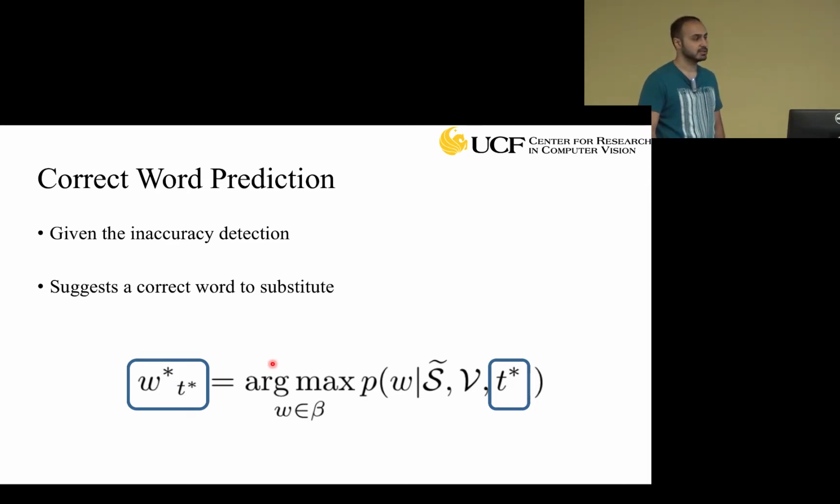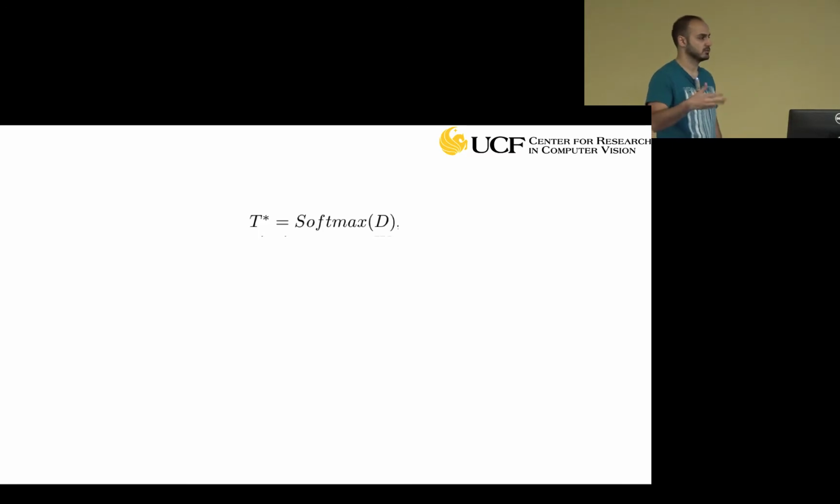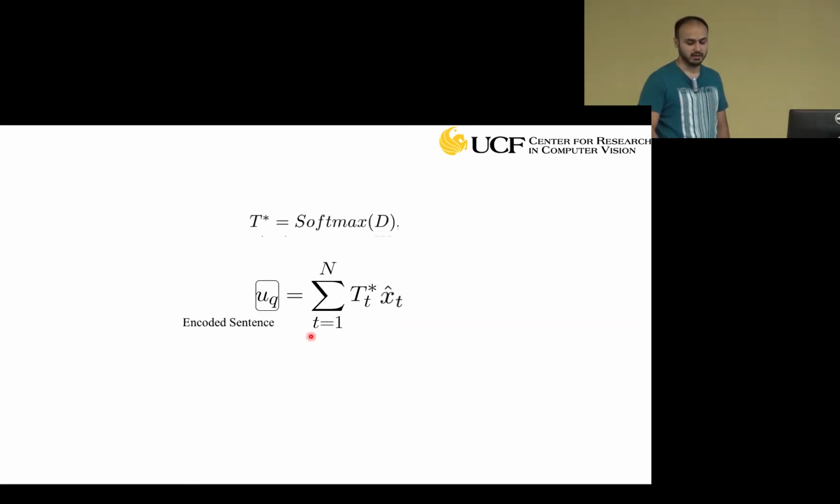Given the detection scores, we are going through the details of the correct word prediction. Using a softmax, we make probabilities out of them. We have the encoded words as x t, and we use a weighted average over the encoded words to encode the sentence. So we get one vector for this sentence based on the probabilities of inaccuracy and the word vectors.